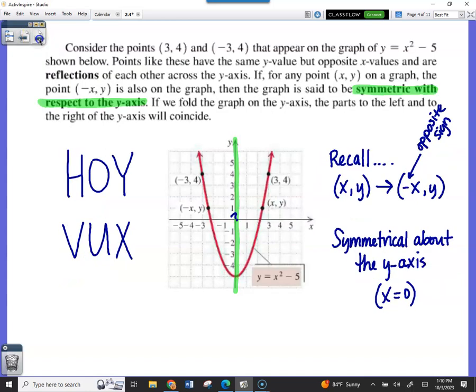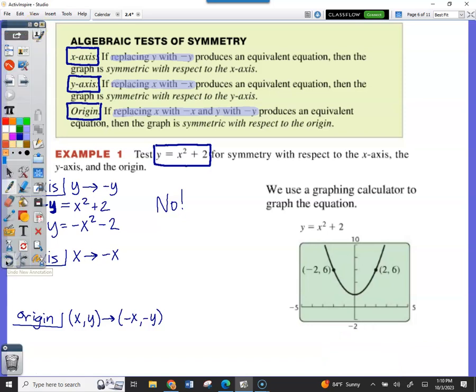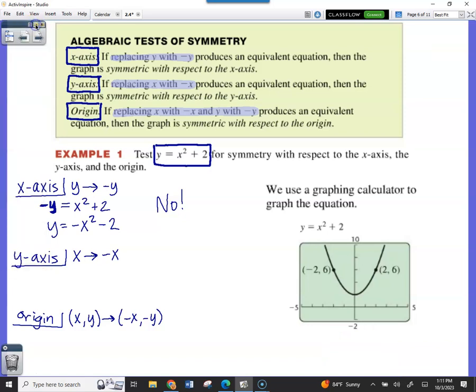Well, if I fold that graph along the x-axis, it does not match. Now I have a new part down here that was not there to begin with. That's a problem. Do you see that? So that's a visual confirmation that no, you cannot flip that over the x-axis and have the same graph you started with. You have a totally different graph.